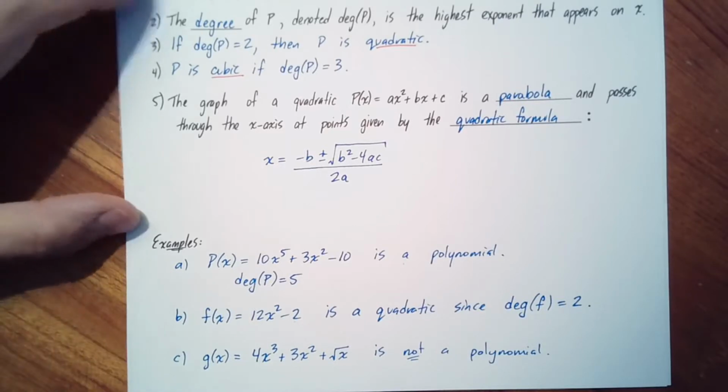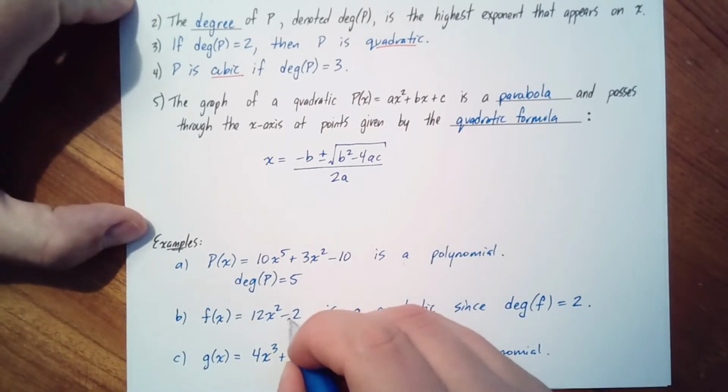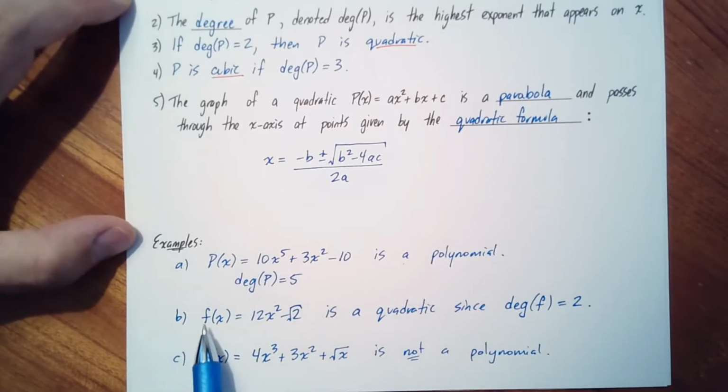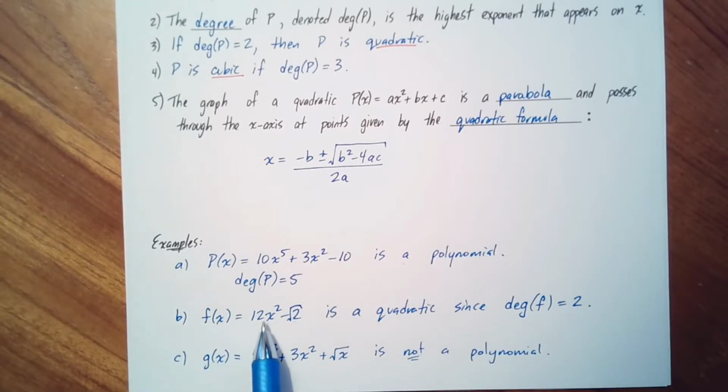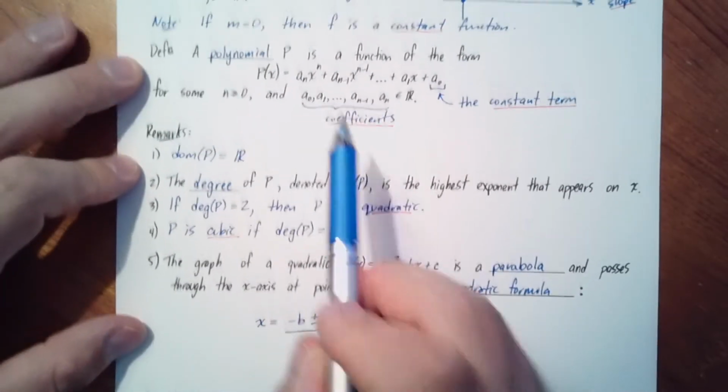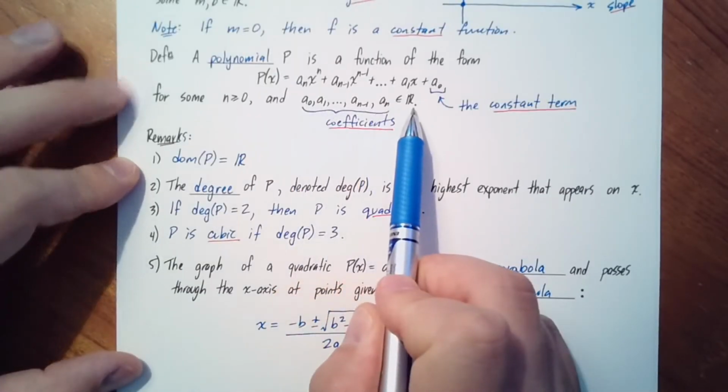One last little comment. If I were to add, let's say, a square root onto the 2, in the previous example, so if I change this to f of x is equal to 12x squared minus the square root of 2, that doesn't harm the fact that f is a polynomial, and in this case, again, it's a quadratic. Because there's nothing wrong with square roots being built into the coefficients. The coefficients are allowed to be any real numbers at all, right?